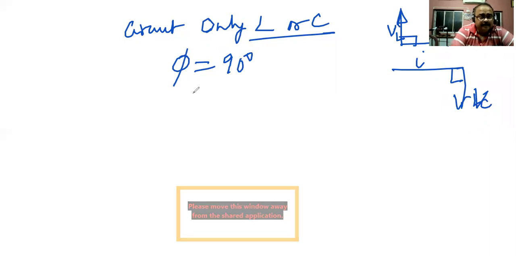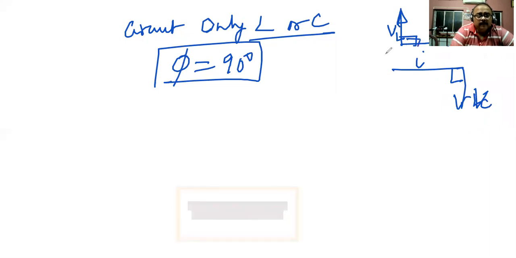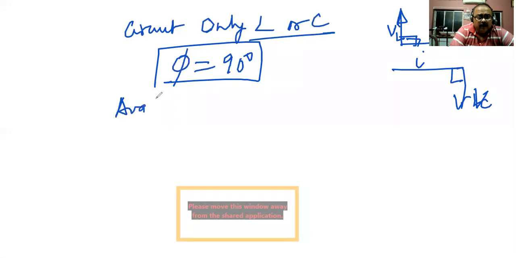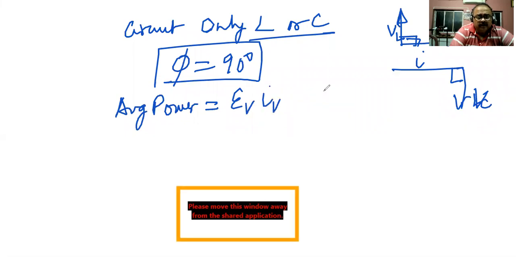We have already done that. So ultimately the phase angle between current and potential is 90 degrees. So what should be the average power? Average power, therefore, we know is EV IV cos phi, that is cos 90, and cos 90 equals 0. Very, very important, children.